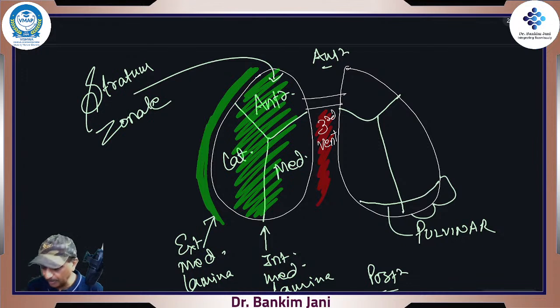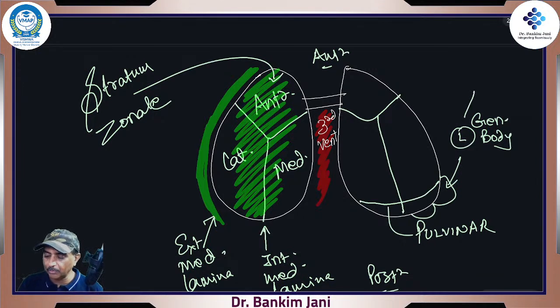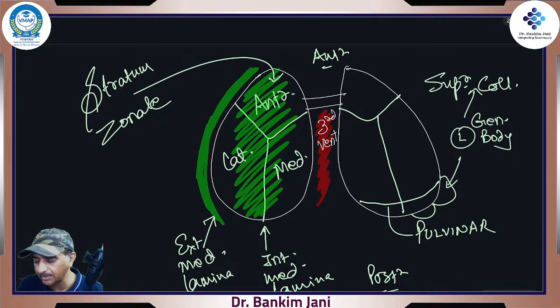They were geniculate bodies, right? So this is lateral geniculate body, this one. Lateral geniculate body will go for vision, right? So it will go for superior colliculus, and that one is for the vision, right?